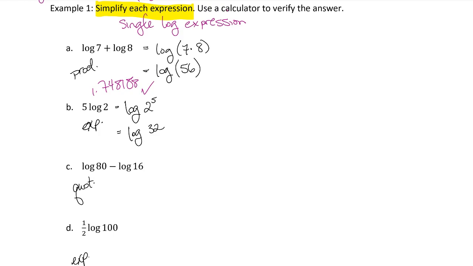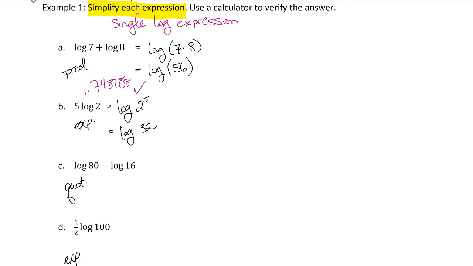One thing that I do want to draw your attention to, I'm not sure that all calculators do it, but I know the one that I use does, is that when I punch in that log button on my calculator, what shows up on my screen is log and then open bracket. Make sure when you're typing in, for example, this first one, log 7, that you close the bracket and then hit plus, and then type in your second one, because if you don't do that, you've got a log within a log, and that's just making things overcomplicated.